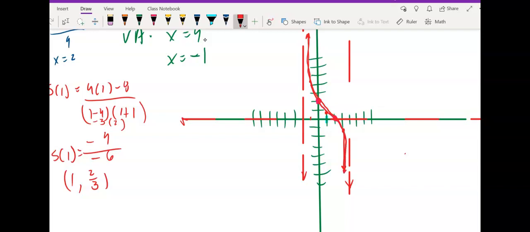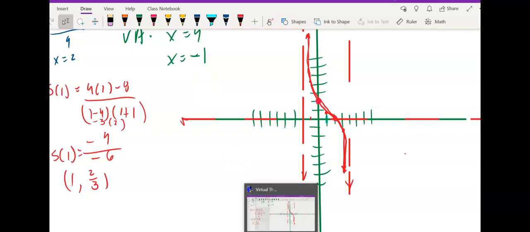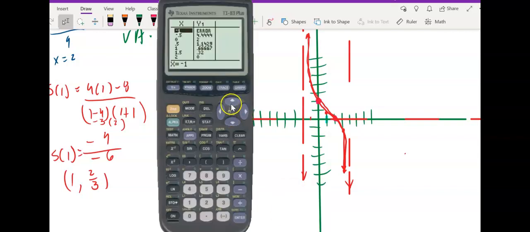Okay, that's all right. Now I want to see what's going on to the right-hand side of my asymptote at x equals 4 and what's going on to the left-hand side of my asymptote of x equals negative 1. So let's get a couple more points on either side. So why don't we go over to what happens when x is 4.5. So 1, 2, 3, 4.5 is about here. And then y is about 3.63.